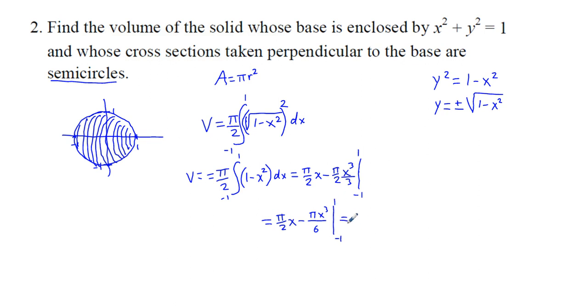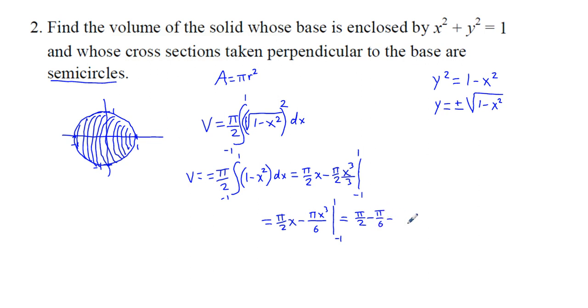And working to the right, we have pi over 2 times 1, which is going to be pi over 2. And we're going to have minus, we plug in 1, we're going to get pi over 6.